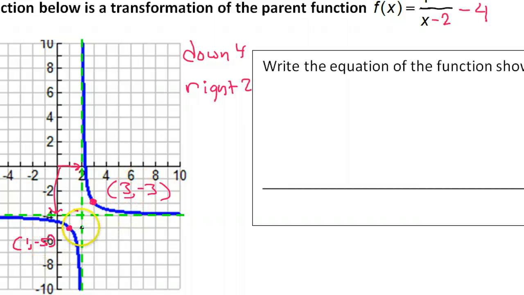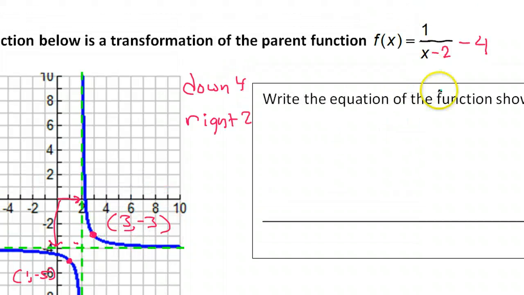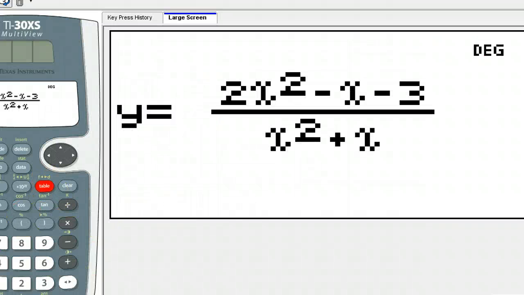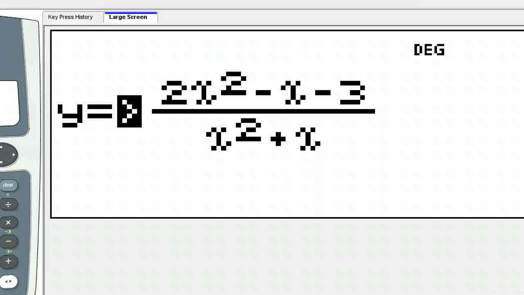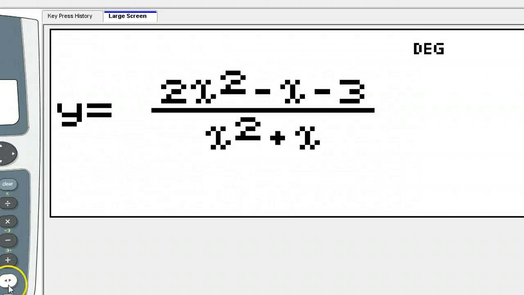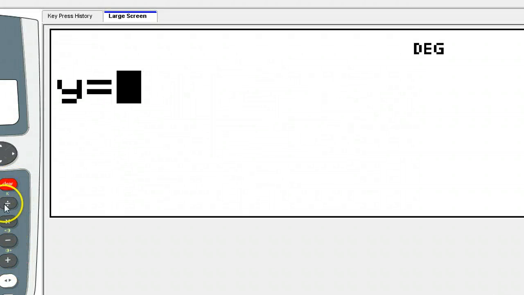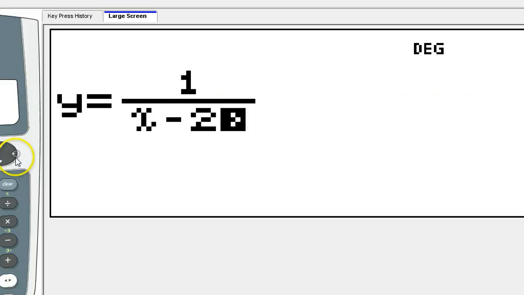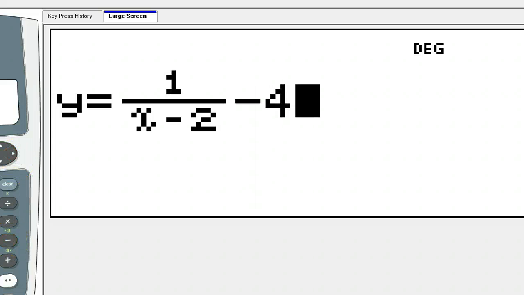If these points show up in our table of values, then this is the answer. Let's put it in our calculator. So we'll hit the table button and clear this mess out. Show fraction mode. I have 1 over x minus 2 and then -4.